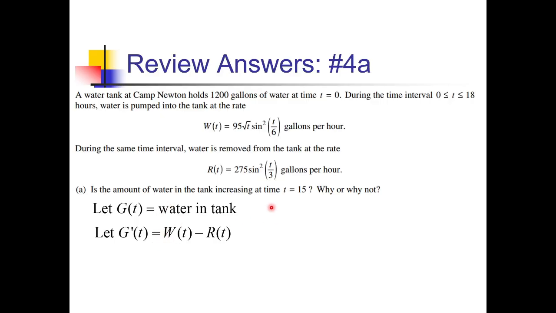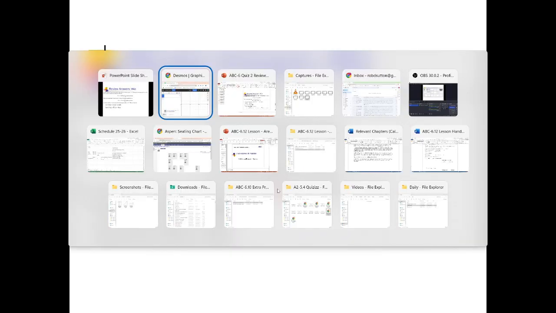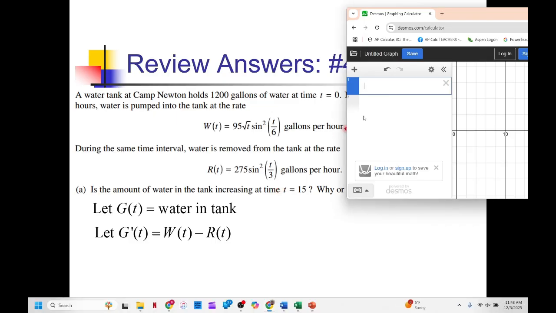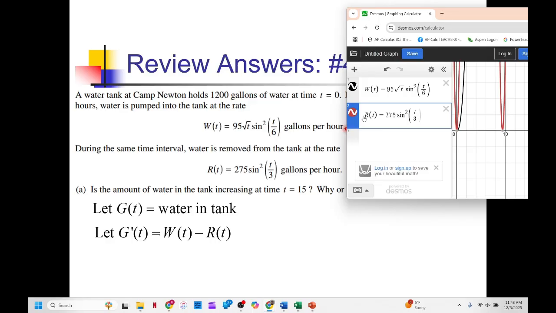So let me go to Desmos and enter a few things in. Let me start by putting W of t in there. Again, that's 95, and then we have square root of t, and then sine exponent 2. This actually works on Desmos. And then parentheses t divided by 6. Great. We'll also do R of t. That is going to be 275 sine squared t divided by 3.